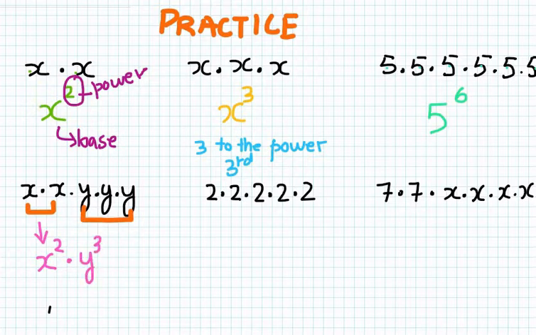Let's try this one. 2 is the base and 2 is multiplied to itself 5 times, so 2 to the power 5. Here we have constant and variable. So 7 is multiplied to itself 2 times, so 7 to the second power and x to the power 4th.